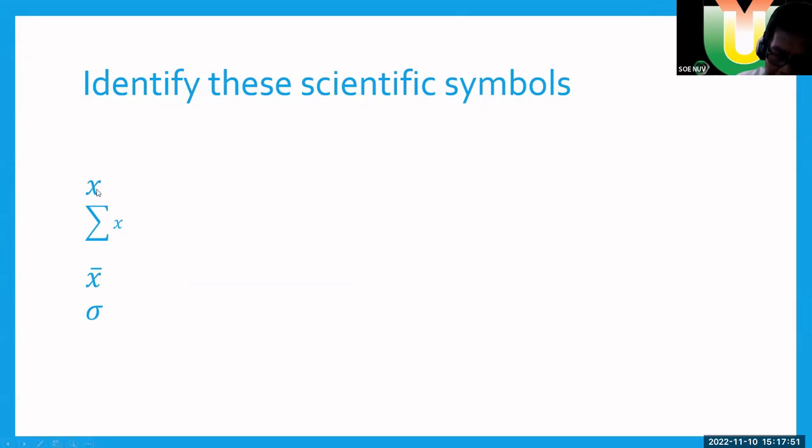We have the student scores represented as X. We have this symbol here, which represents the sum of the students' scores. And then we have average or mean. And then the sigma here stands for standard deviation. Okay, so some of these scientific symbols will be included in our scaling formula.